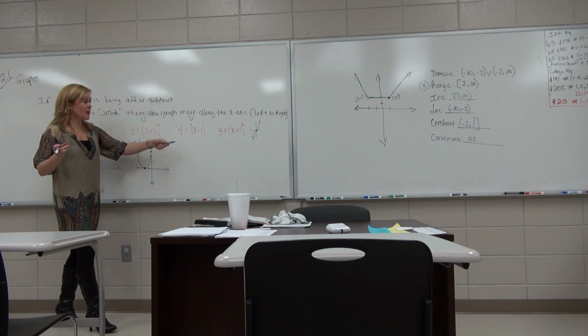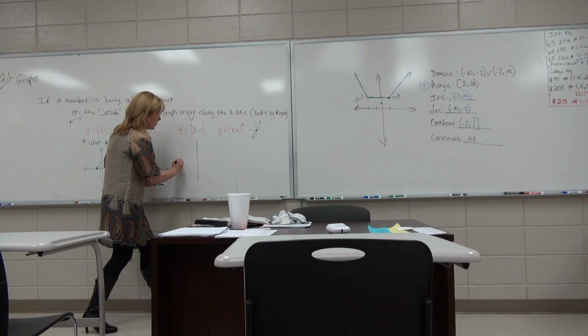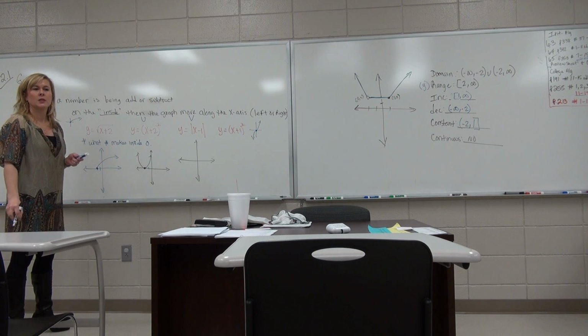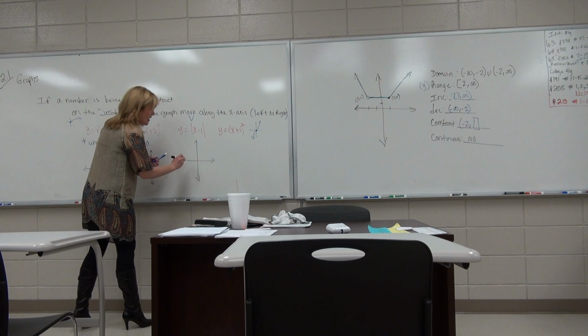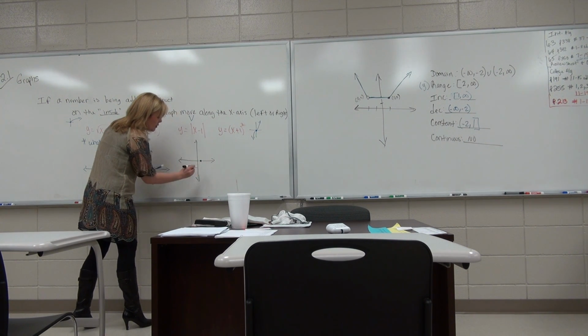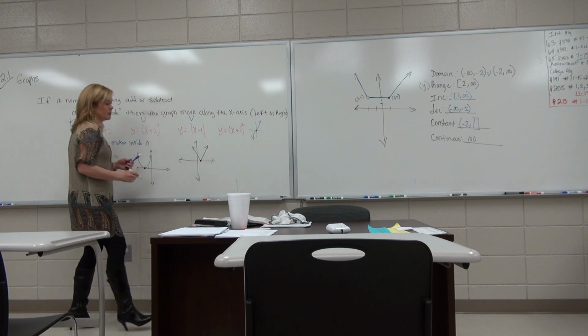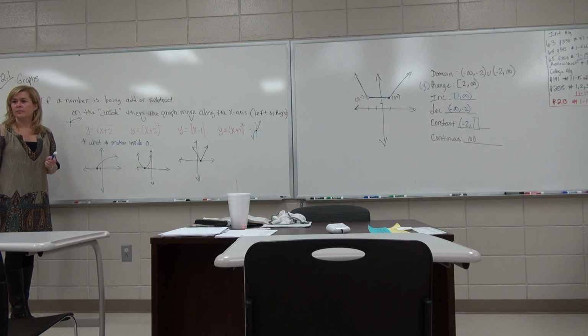All right, look at the V-shaped graph. What number minus 1 gives you 0? Positive 1. So that means that the base of this V right here is going to be at 1. Bottom point. And then you draw your V. Now to me, this is the easiest thing we've done yet.